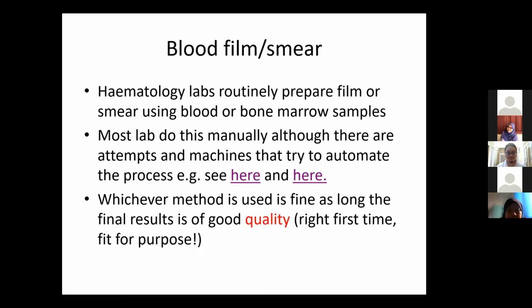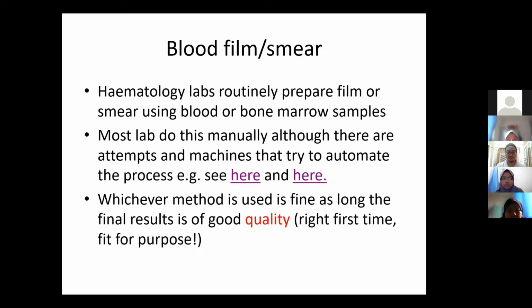Whichever method you use in the future, whether automated or manual, it's actually not much of a problem even if you do it manually. It's not that everything which is automated is definitely going to be better than the manually operated one. Sometimes the manual technique has its own advantages.